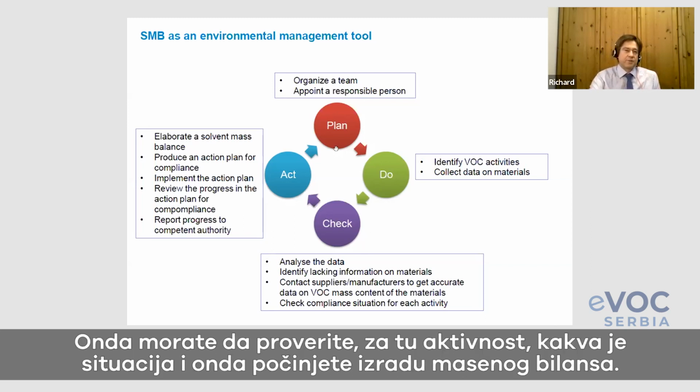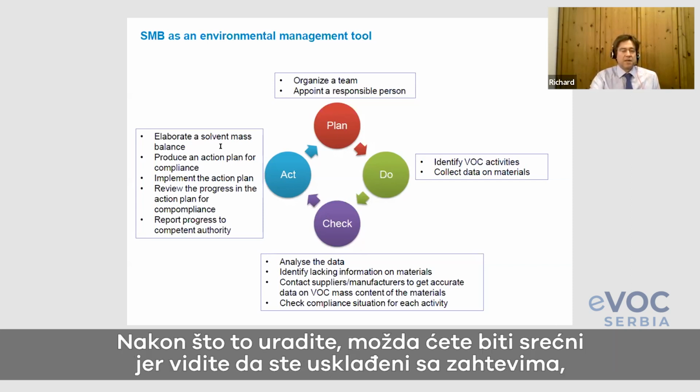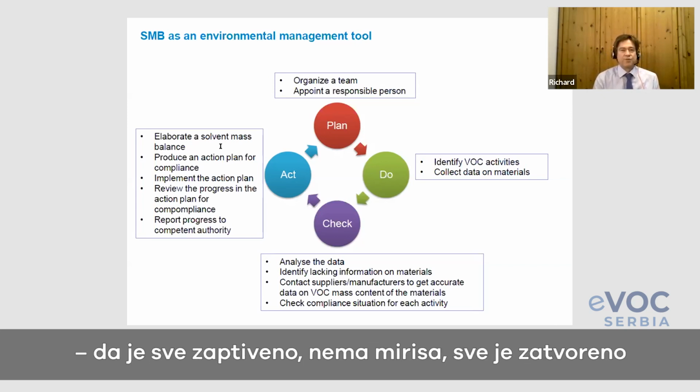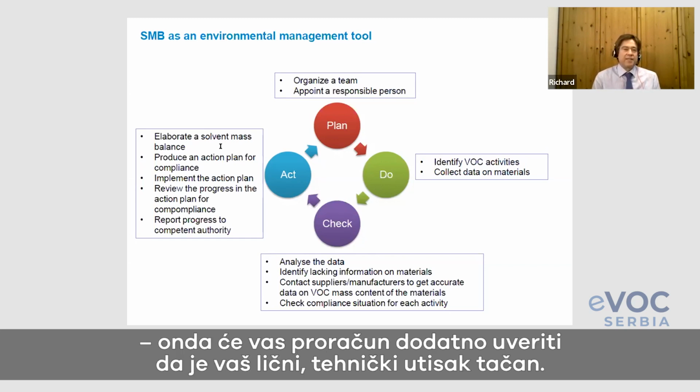So you must check the situation for the activity, and then you can start the elaboration of a solvent mass balance. After you have done this, maybe you are happy and you see that you are in compliance. And if this matches your impression from the technical view of the installation, so everything is tight, you have no smells, or you see that it is all contained, then the calculation convinces you along with your personal technical impression.